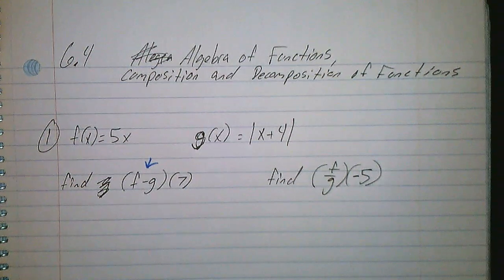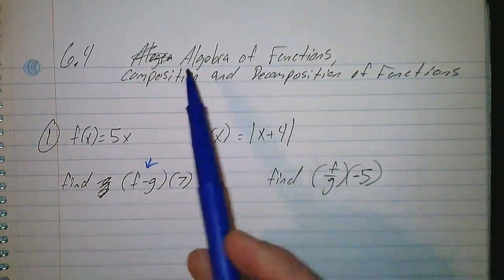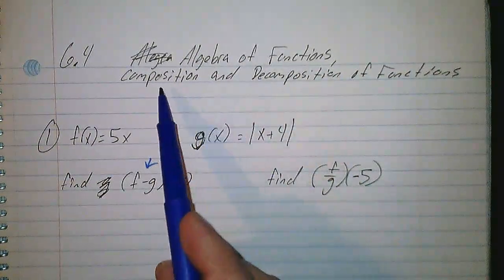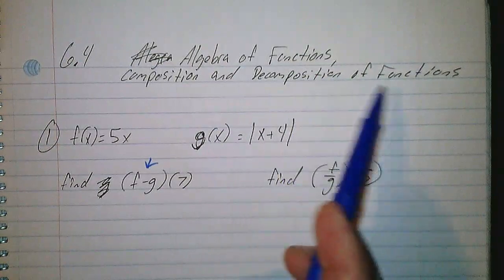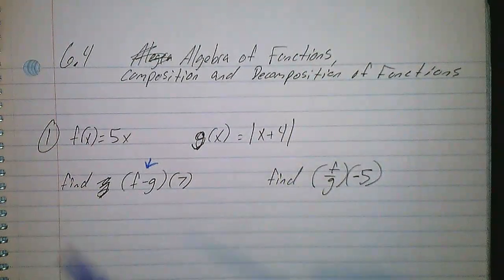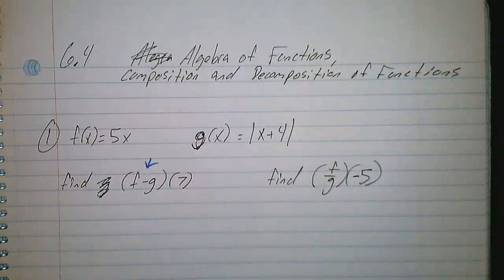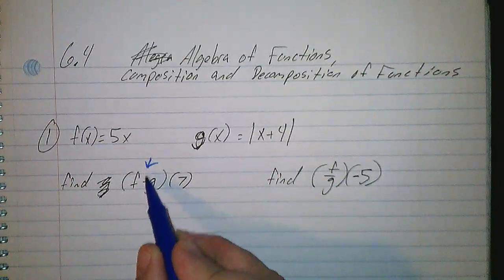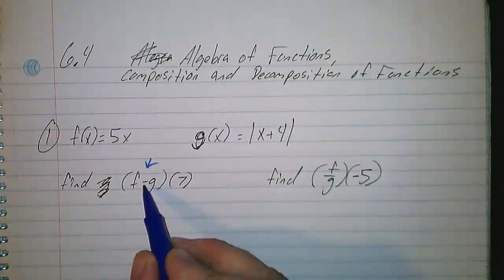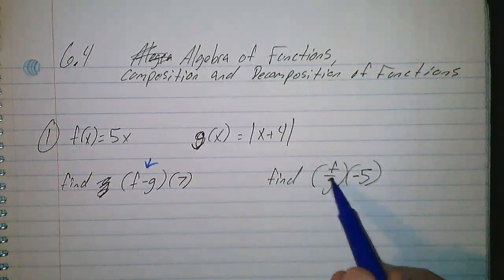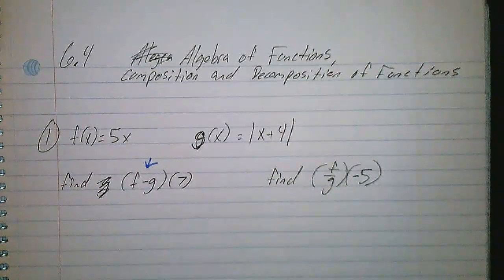All right, let's look at section 6.4, where we do some algebra of functions and then the composition and decomposition of functions. So we start off with these algebra of functions questions, where we perform an operation like subtraction or division or multiplying.